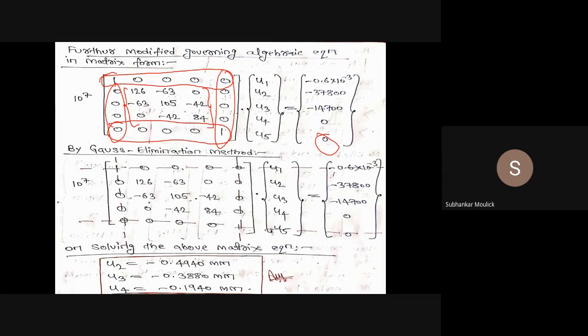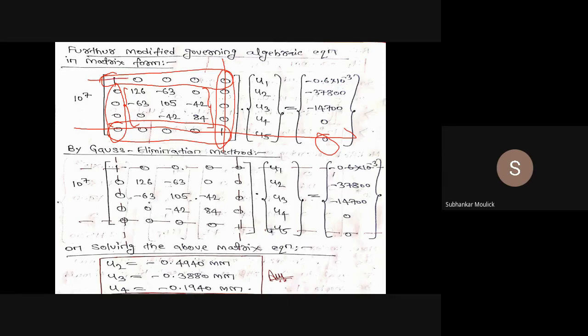Okay, fine. Now if you use Gauss elimination method, since u5 is 0 and this RHS is 0, you can eliminate fifth row and fifth column. Similarly, from first row, you will only get u1 equal to minus 0.6 into 10 to the power minus 3 meter.